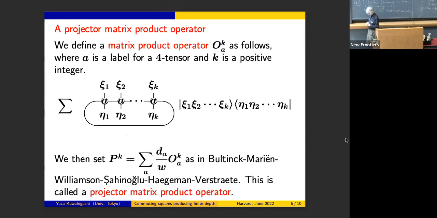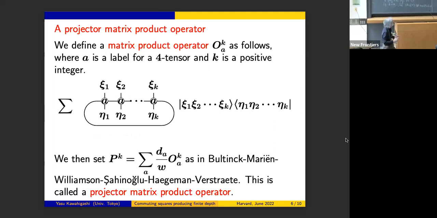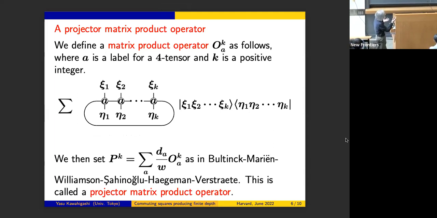Then we have this notion of a projector matrix product operator. So this is a picture, a particular example of a tensor network picture. We have circles, and all circles are labeled with A, the same symbol.